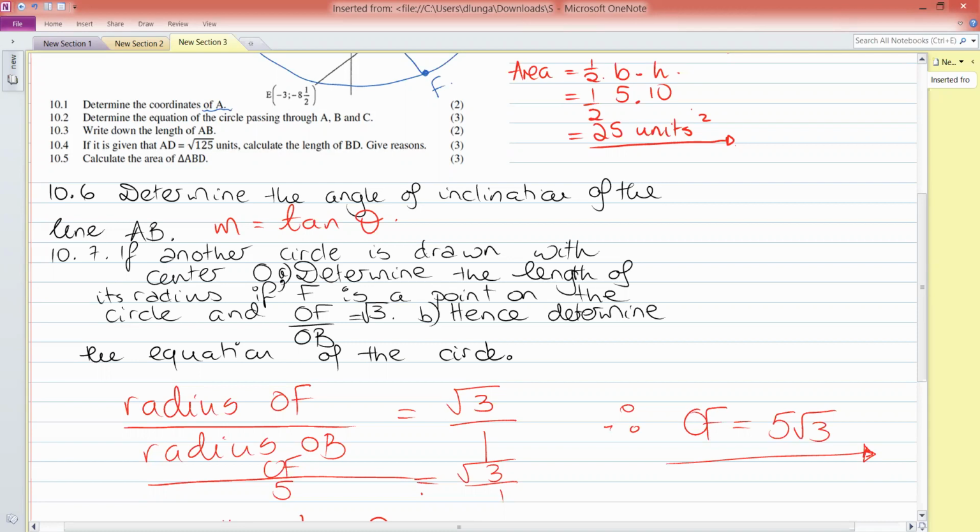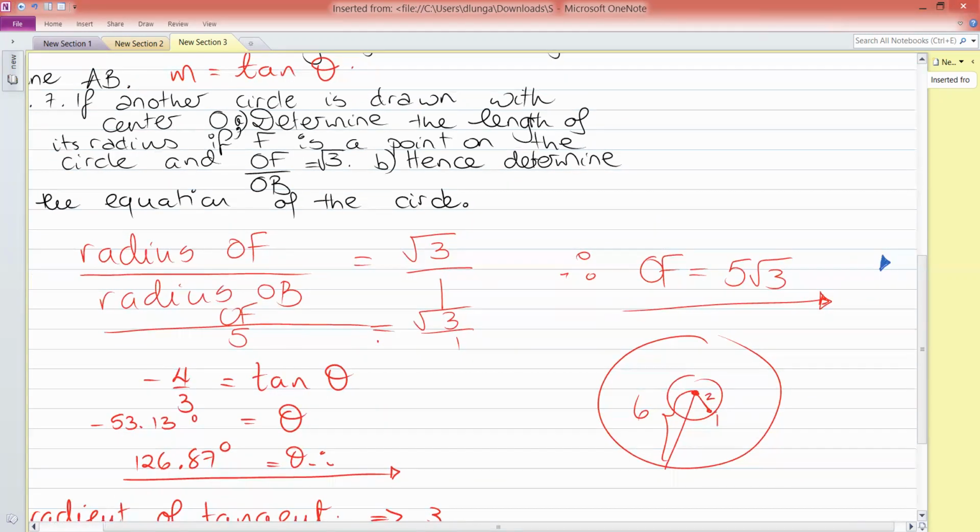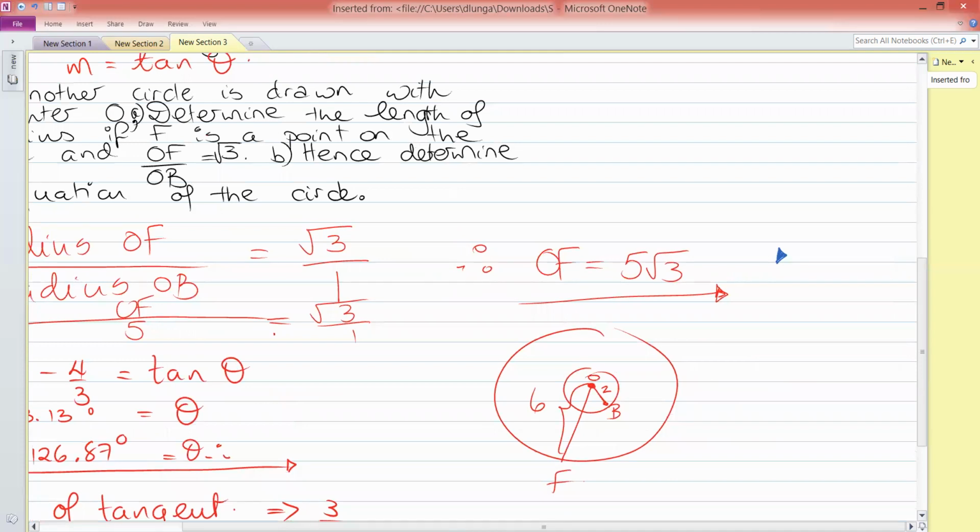Okay. So let's say, to explain it differently, you have a circle like that, and they tell you that this radius in the center is 2, then the radius of the bigger one is 6. I'll call that B, I'll call that F. What's the proportion, and the center is O, of OB over OF?